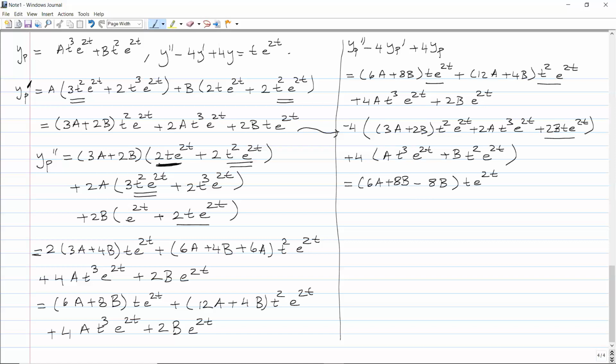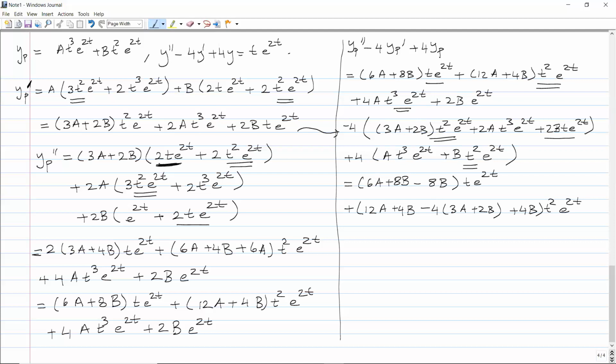And then t squared I have here, here, and here. Okay, so from the first one, we have 12a plus 4b. From the second one, I have 3a plus 2b times minus 4. So minus 4 times 3a plus 2b. And from the last one, I have 4b t squared e to the 2t.